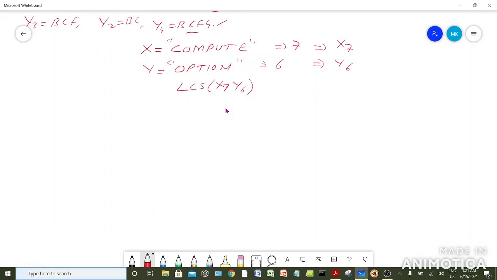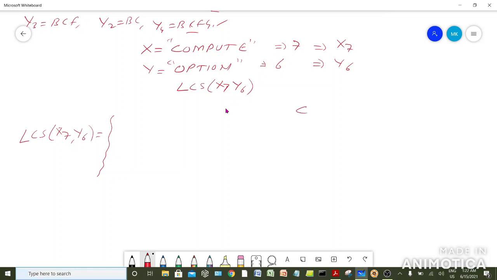Now what he says is that the LCS of X7 and Y6 can be written as per this equation. For writing this equation we need to understand what exactly is going to happen.